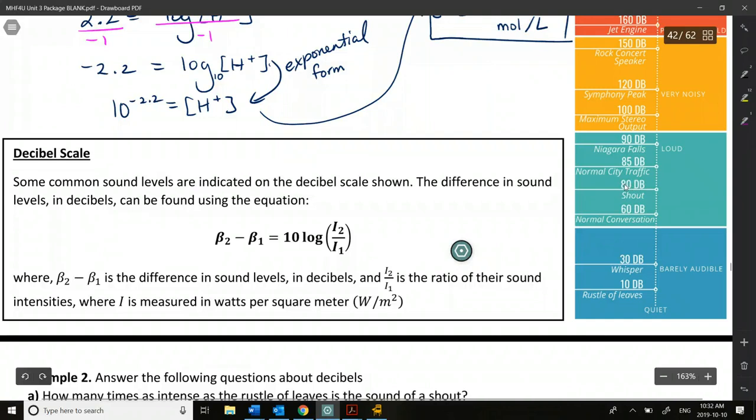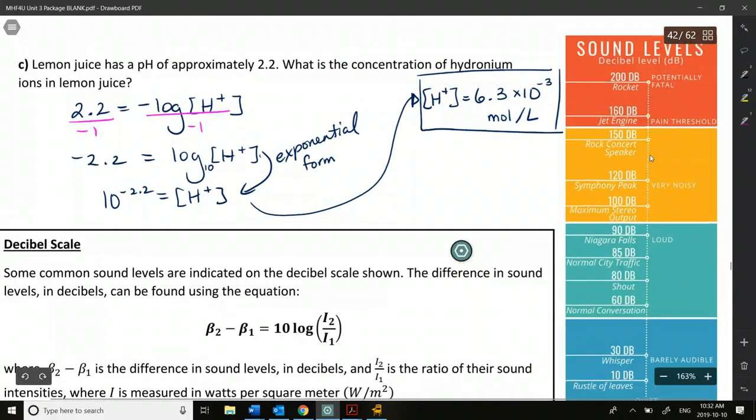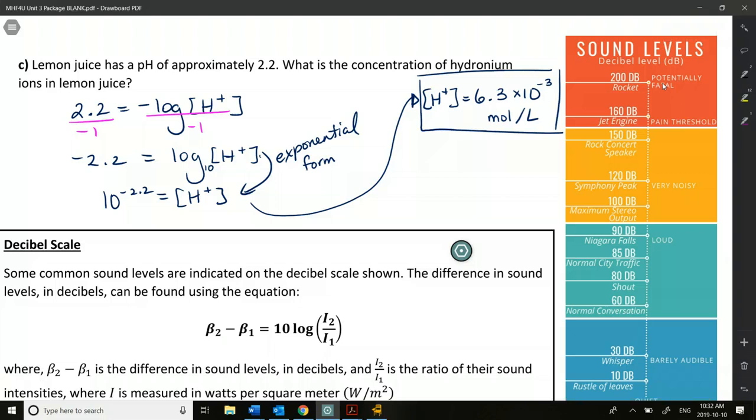A shout can go up to 80 decibels. Something at the top of the scale would be like a rocket, which if you're right near it, listening to without any protection is potentially fatal.